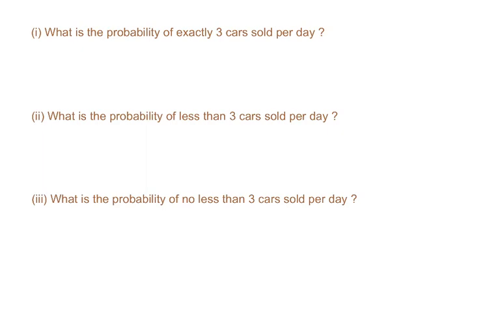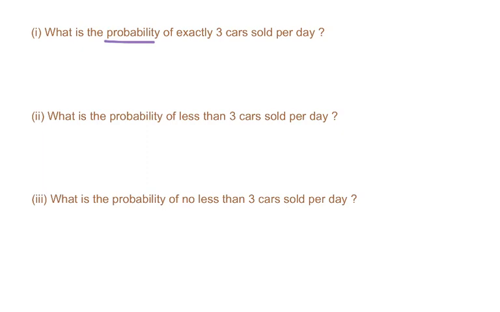Let's say the first question asks, what is the probability of exactly 3 cars sold per day? You know that 3 cars sold per day is a discrete variable, and the question is asking for the probability.